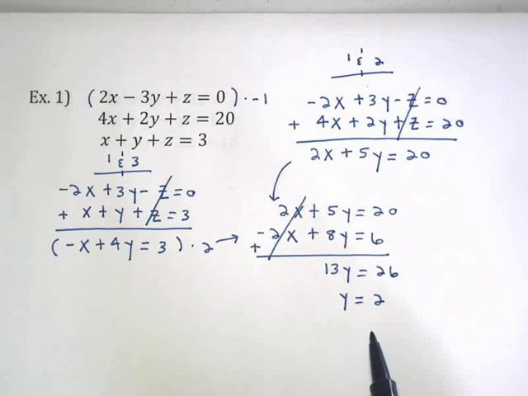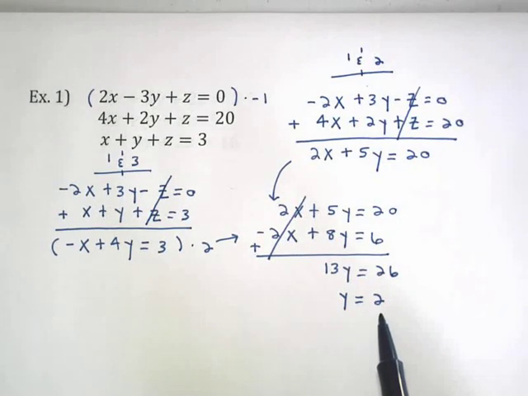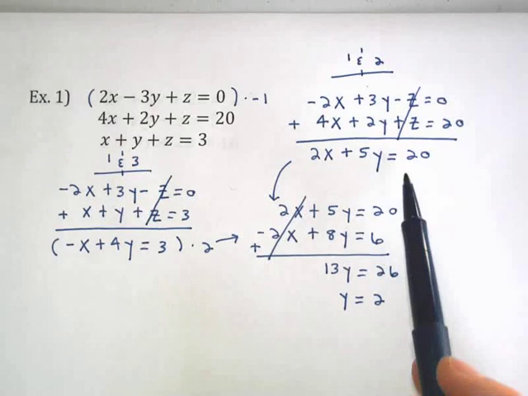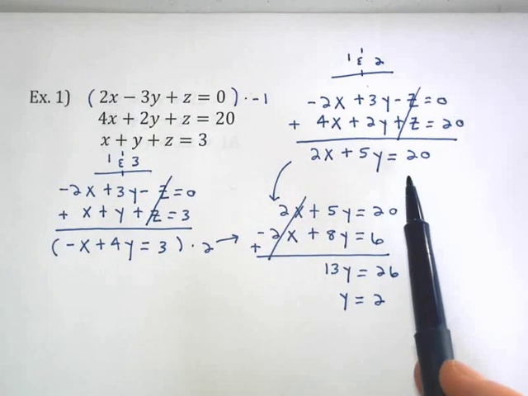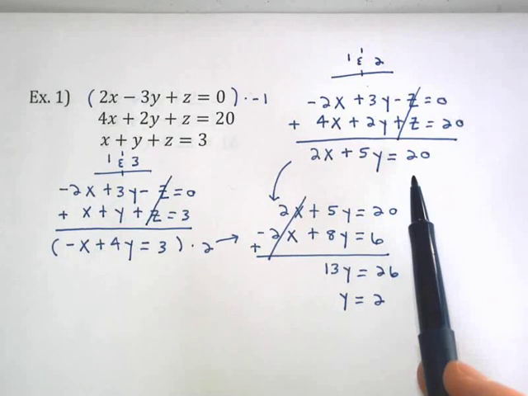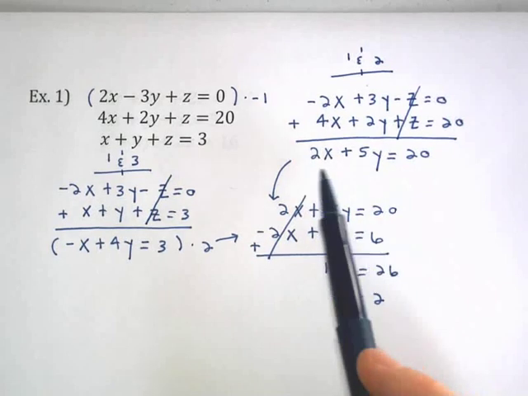And just like in regular elimination, now it's a bunch of substitution to use what we already know to find what's missing. So what I'm going to do is use this y equals 2, and I'm going to substitute it in to this equation right here. Okay, it really doesn't matter where you substitute as long as you're picking one of the equations that's down to 2 variables.